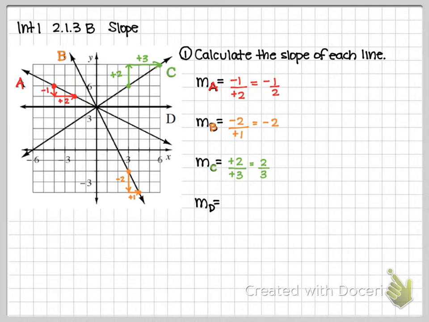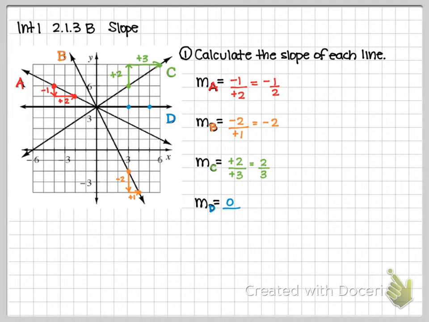Okay, last one, line D. Well, you can choose any 2 points, but I don't know that I need to because this one's kind of a giveaway. So if I take a look at this, to go from the left point to the right point, I don't go up or down at all. So there is no movement up and down.